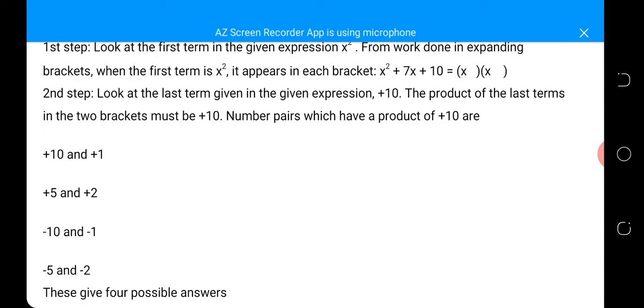Step 2. Look at the last term in the given expression. The last term is plus 10. Then we look for the product of the last terms in the two brackets that will give us plus 10. There are a number of pairs of numbers that have a product of plus 10.